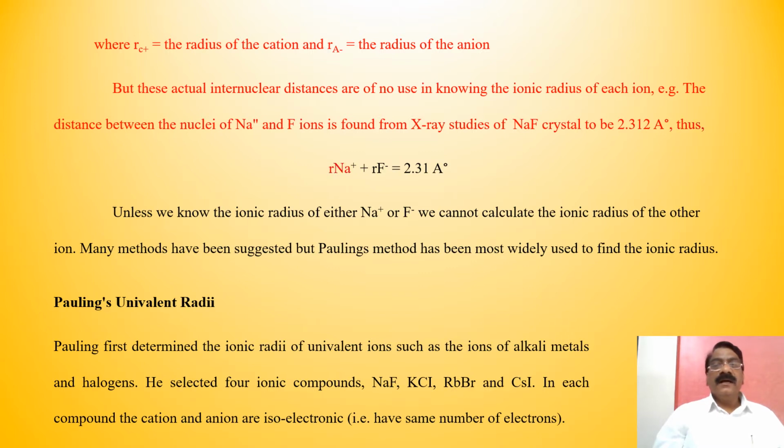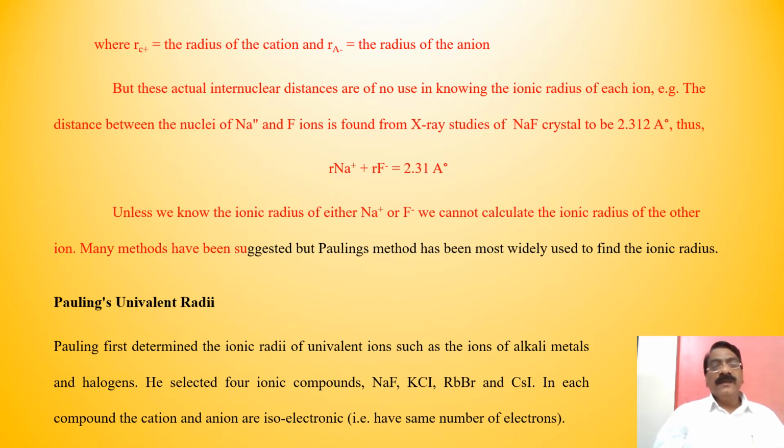Thus, RNa+ plus RF- is equal to 2.31 angstrom unit. Unless we know the ionic radius of either Na+ or F-, we cannot calculate the ionic radius of the other ion.